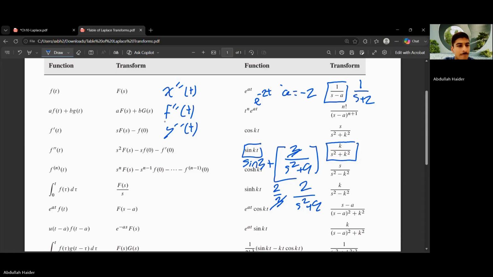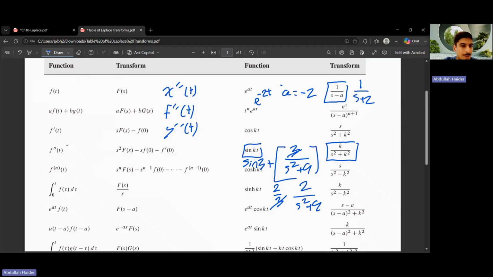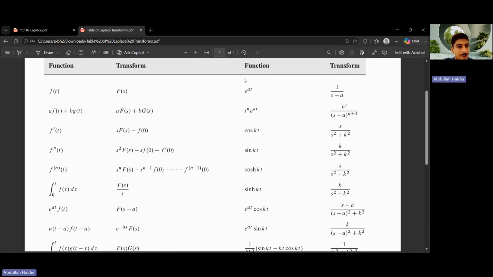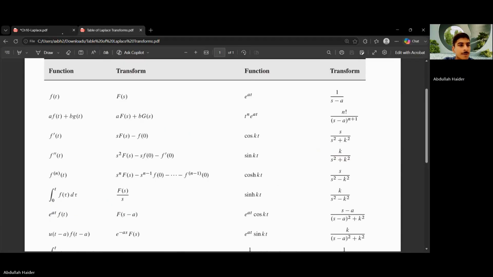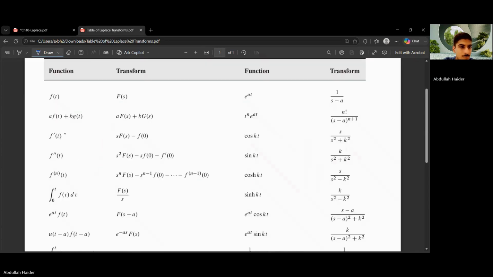Even though we have x double prime here, we'll use our f double prime of t. Likewise x prime, f prime, y prime of t mean the same thing, so nothing to get confused about. It's simply that we're writing it in terms of x. So we need to find the Laplace of x double prime, which means we'll go here.